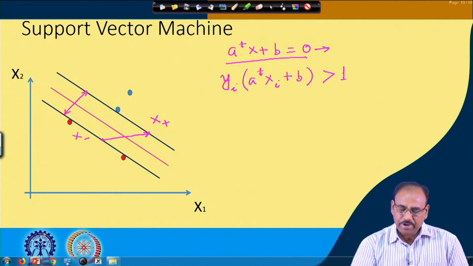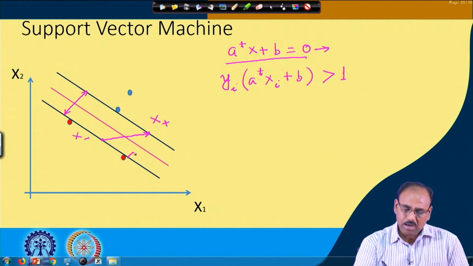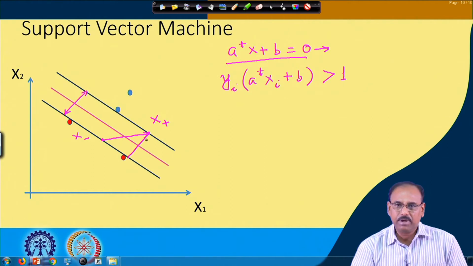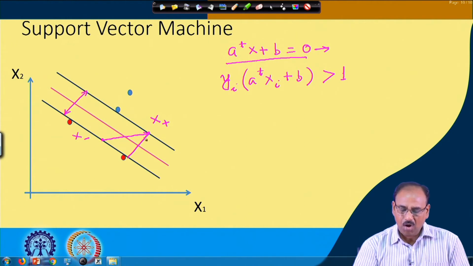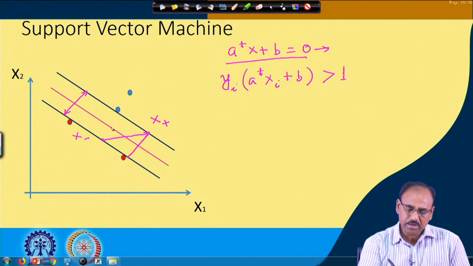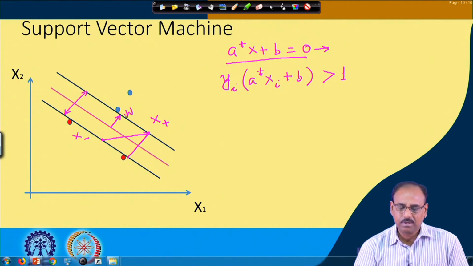And once I have this vector, then from here you find that I can obtain the margin, which is given by the dot product of the vector x plus minus x minus with the unit vector in the direction of w, right.